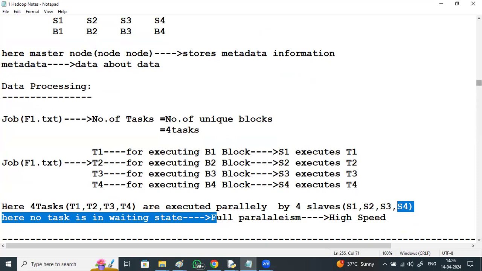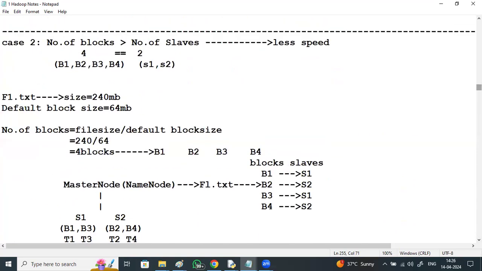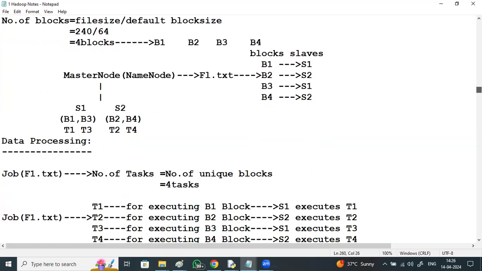But in case 2, if you observe, the number of blocks is more and the number of slaves is less: 4 blocks, only 2 slaves. Less speed, because your file 240 by 64 gives 4 blocks, but for storing 4 blocks there are only 2 systems.